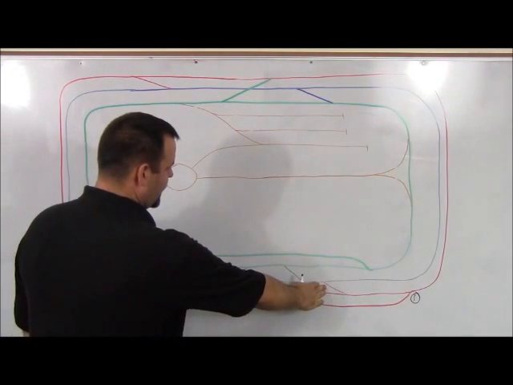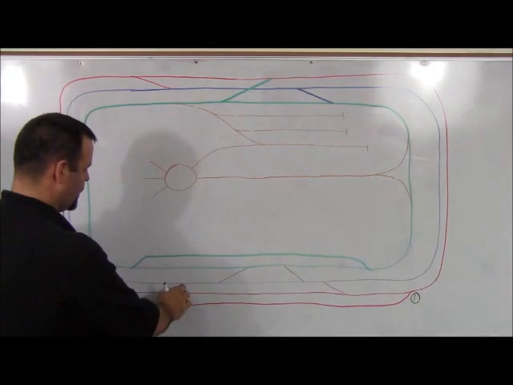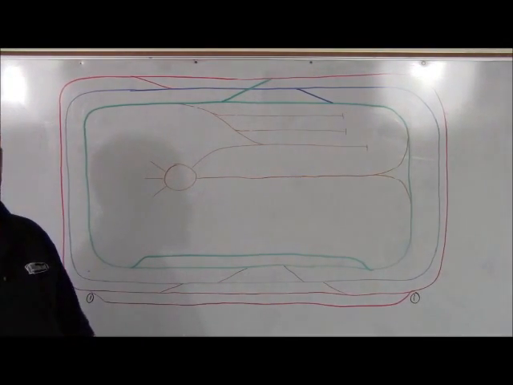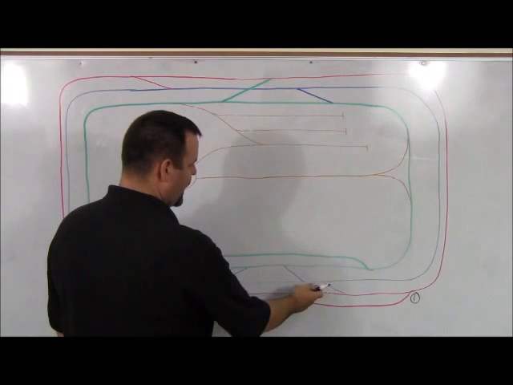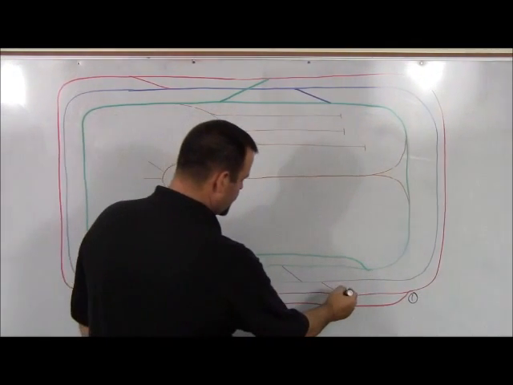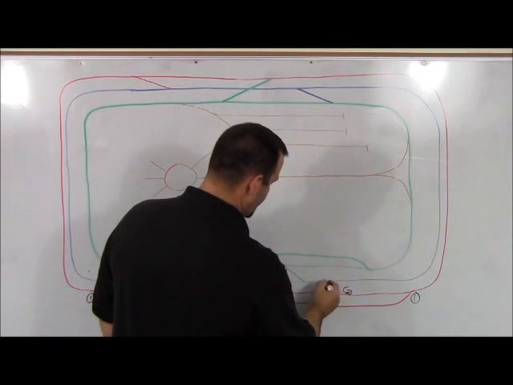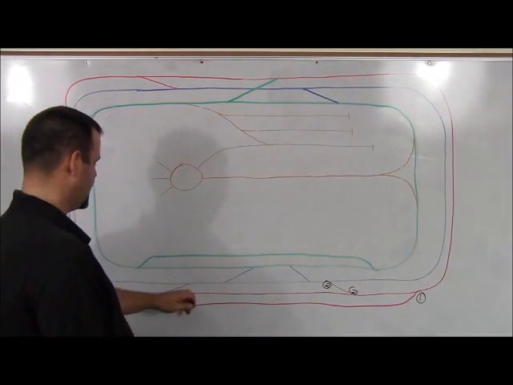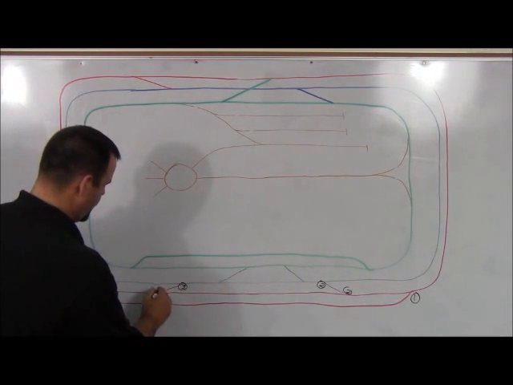Our crossing siding from track 1 to track 2 and from track 1 to track 2 meet the same criteria. This switch will never be thrown when that switch is not. So this will become switch 2 and this will become switch 2. Same thing here. We have switch 3 and 3.